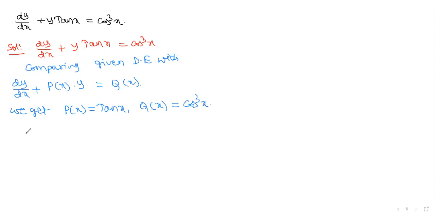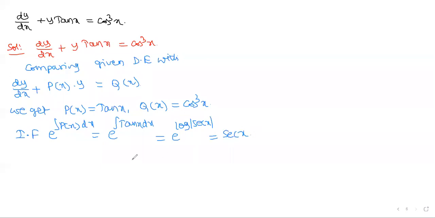The integrating factor is e power integral p of x dx. Writing directly, integral tan x dx: the integration of tan x is log mod secant x. So e power log mod secant x becomes secant x.